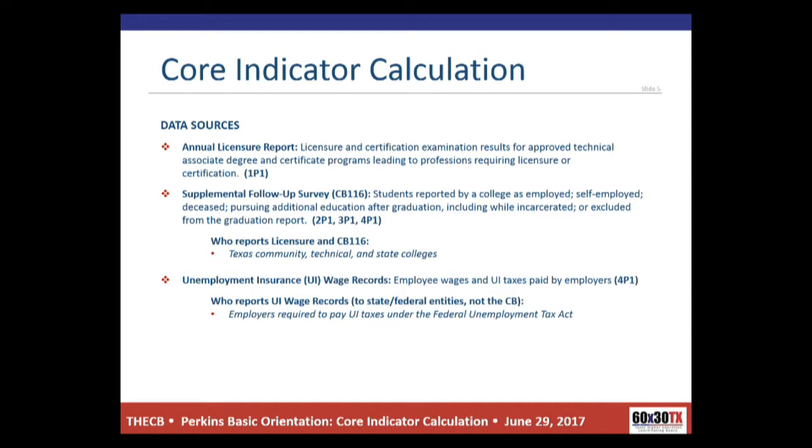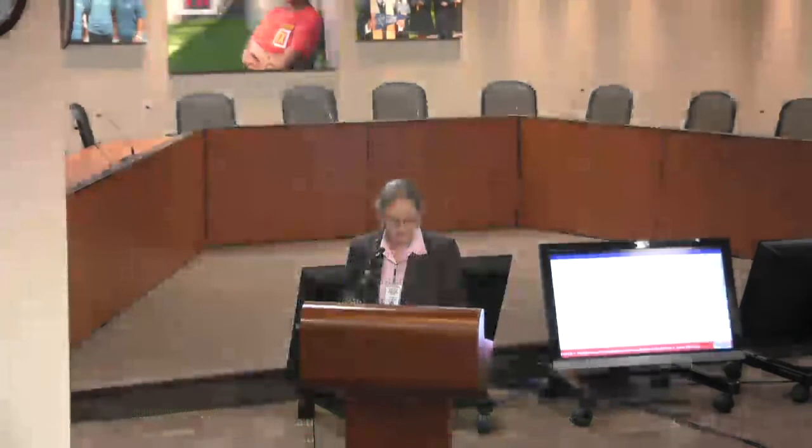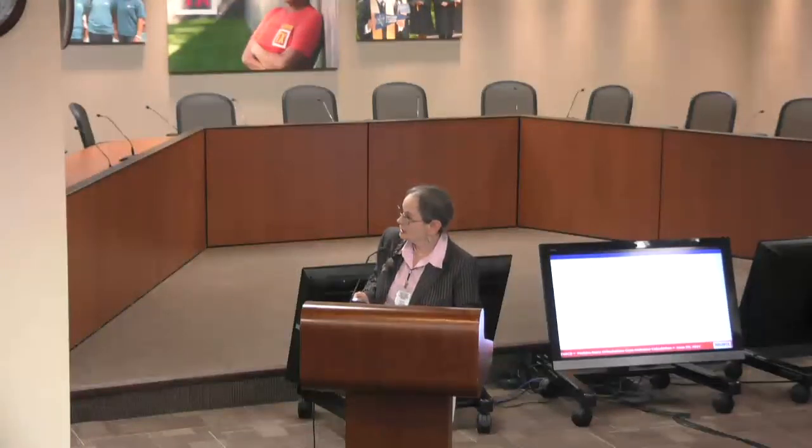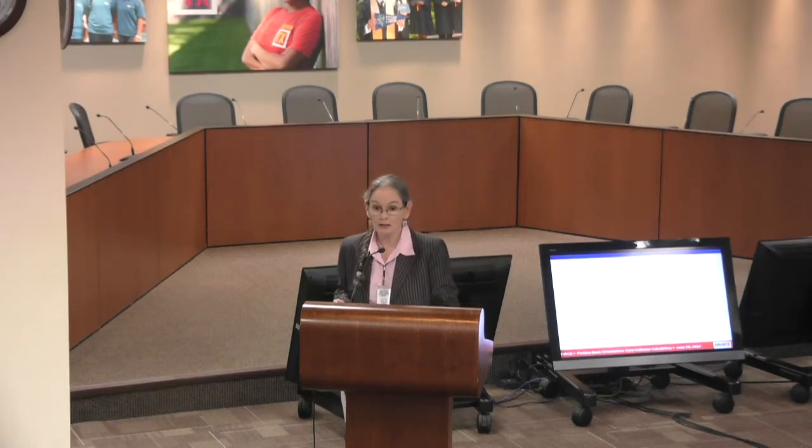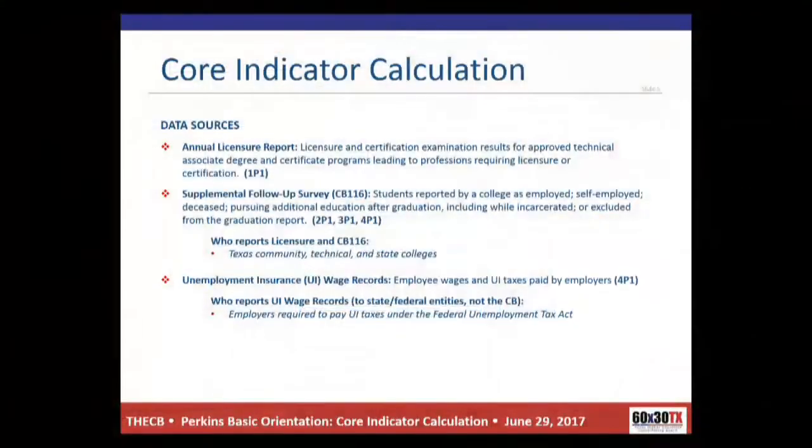And I should say, too, here, please see that CB-116, the supplemental follow-up survey, feeds 2P1, 3P1, and 4P1 calculation. In the portal, we only show that it supports 4P1. We need to update that, but it does feed into all three of these.